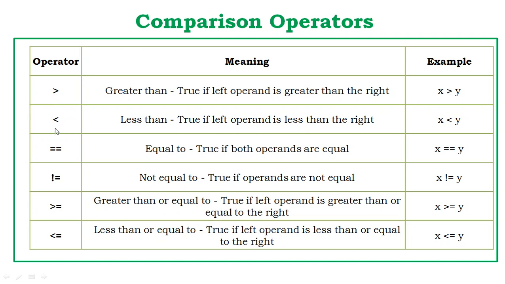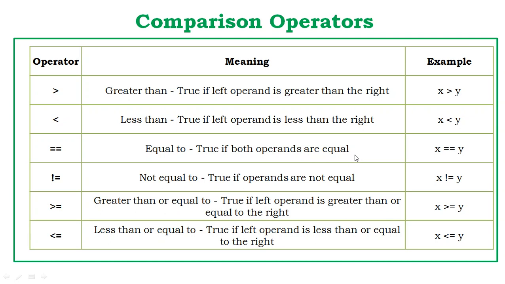Similar is the case for the second operator. If the first value is less than the second value, the answer is true. Otherwise, the answer is false. Double equal to stands for equality.